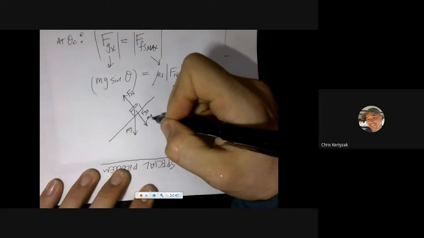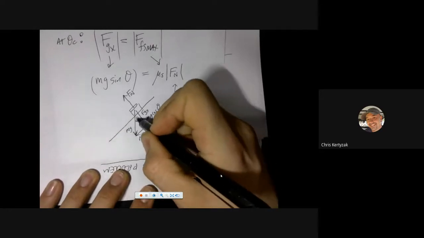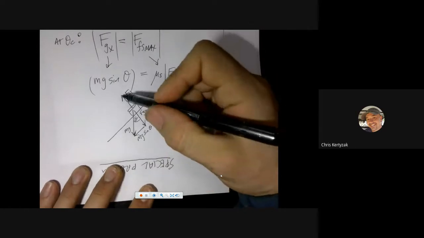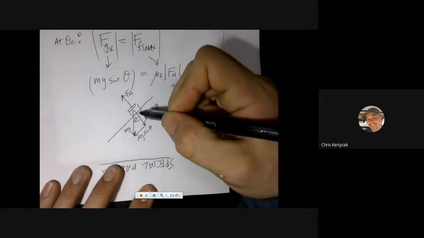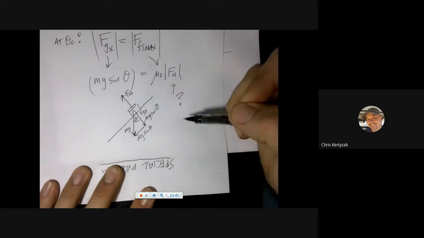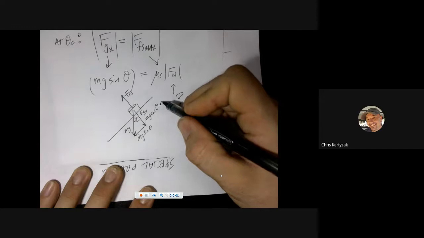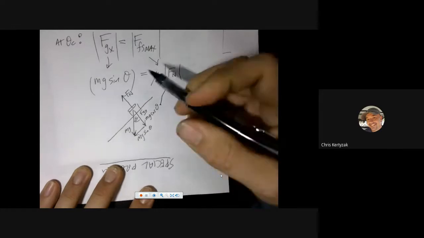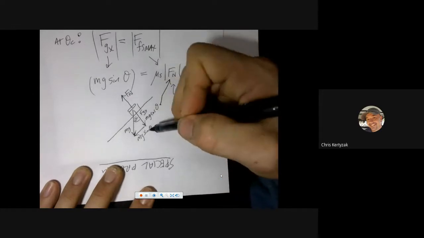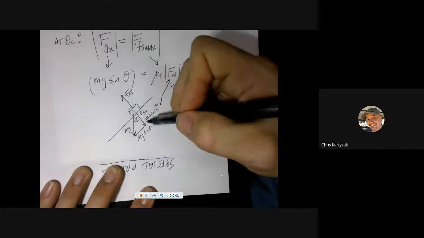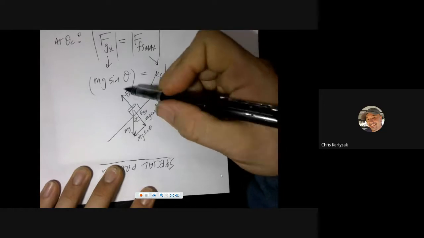That's actually mg cos theta. And the amount of force that pulls it down the ramp is mg sine theta, where theta is in here. So that normal force is perfectly balanced with mg cos theta. Yep, mg cos theta. Because they're balanced, right? Along that axis, these are balanced. So mg cos theta is equal to Fn.